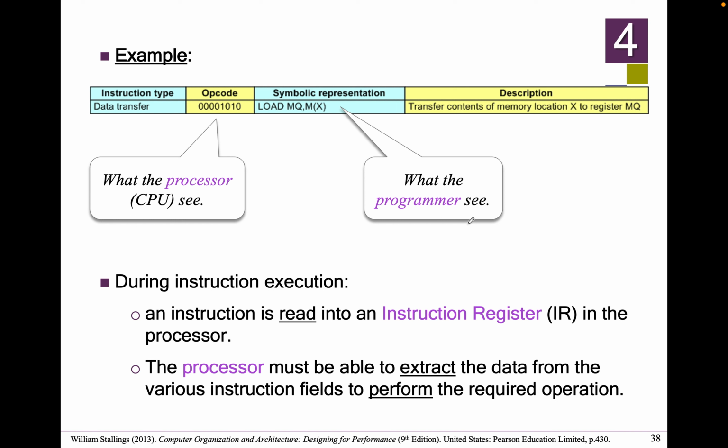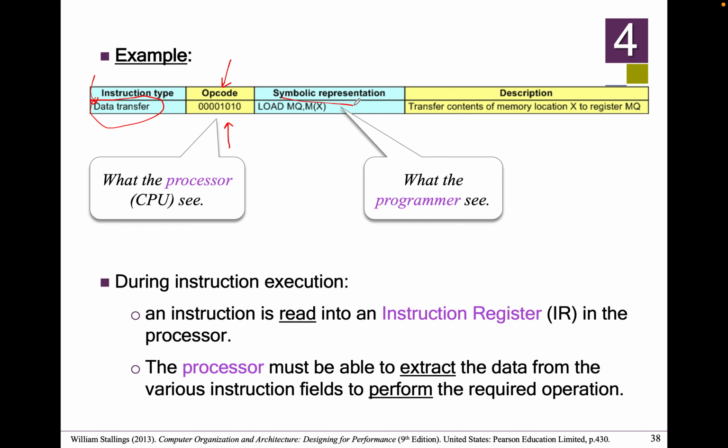So here is an example. When you have opcode here, of course you don't know what 0001010 is there. From the program, this one is your machine language, I guess. And this is the opcode. Instruction type, data transfer. You are given the data transfer, like that.